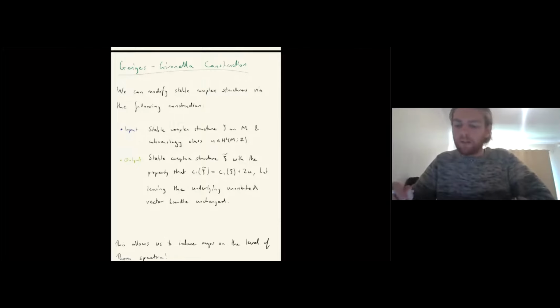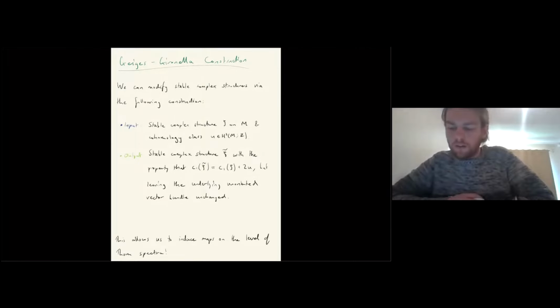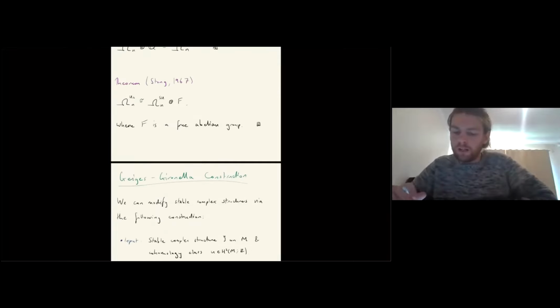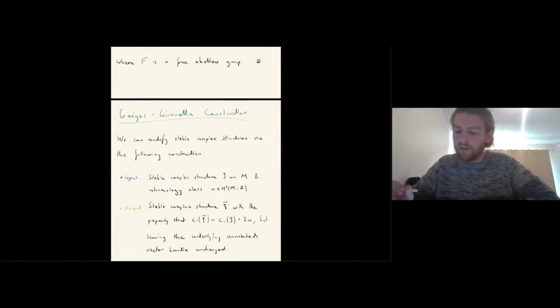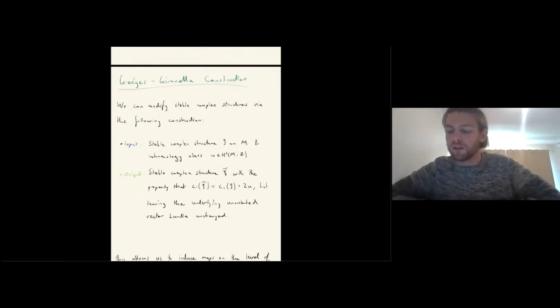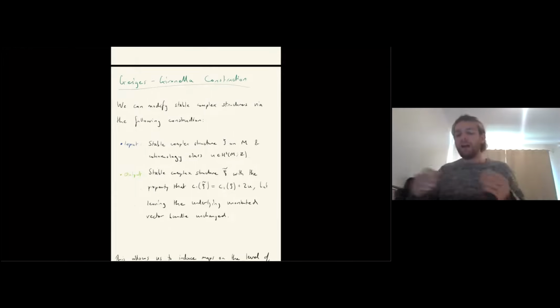I'll quickly mention this construction, which is very useful. It turns out that the answer is only going to depend on the parity of alpha. So U alpha bordism, or the associated Thom spectra, only depends on whether alpha is odd or even. And the main tool to show that is this Geiger-Chiarella construction.